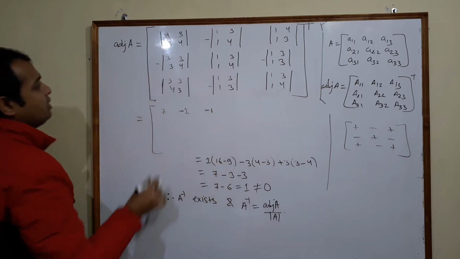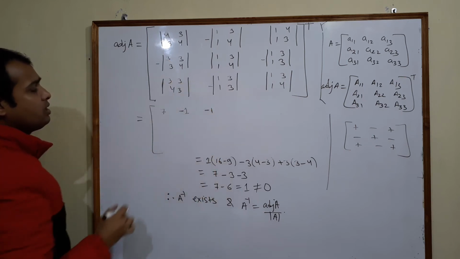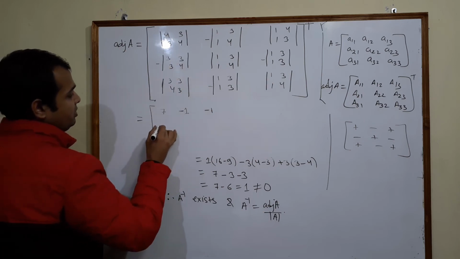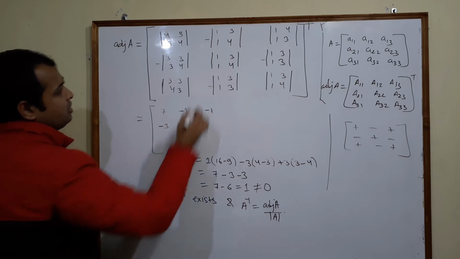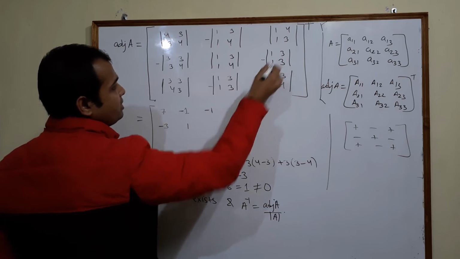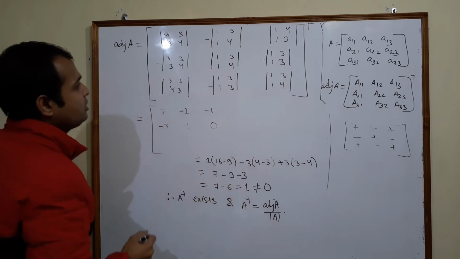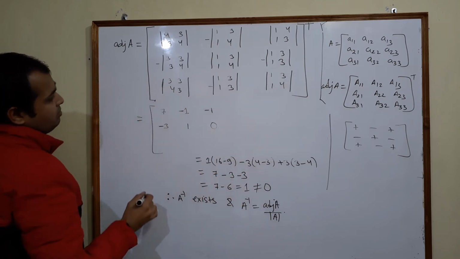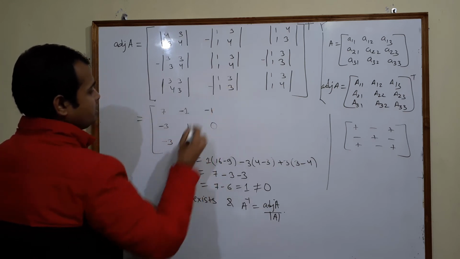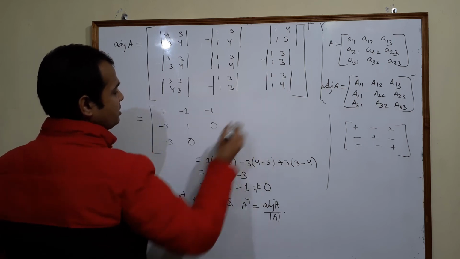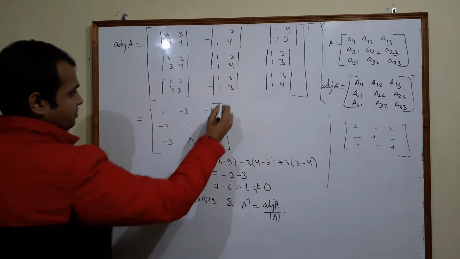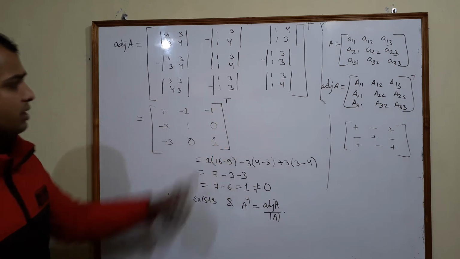Then 3 4s are 12, 12 minus 9 is 3, so it becomes minus 3. Then 4 minus 3 is 1. 3 minus 3 is 0. Here 9 minus 12 is minus 3. Here 3 minus 3 is 0. 4 minus 3 is 1. And transpose over here. Don't forget to write the transpose.